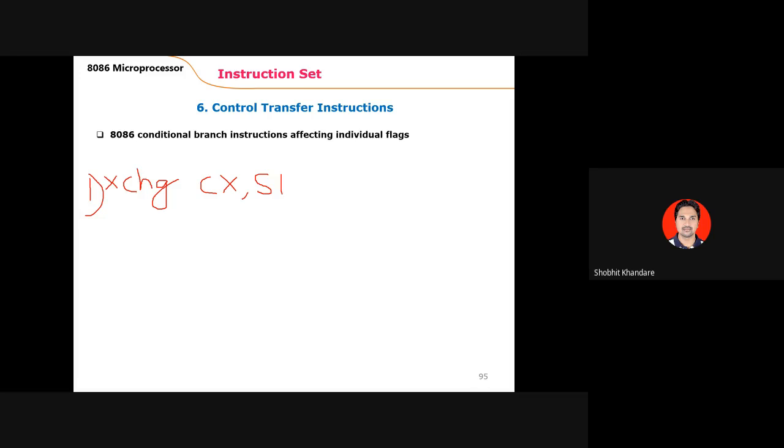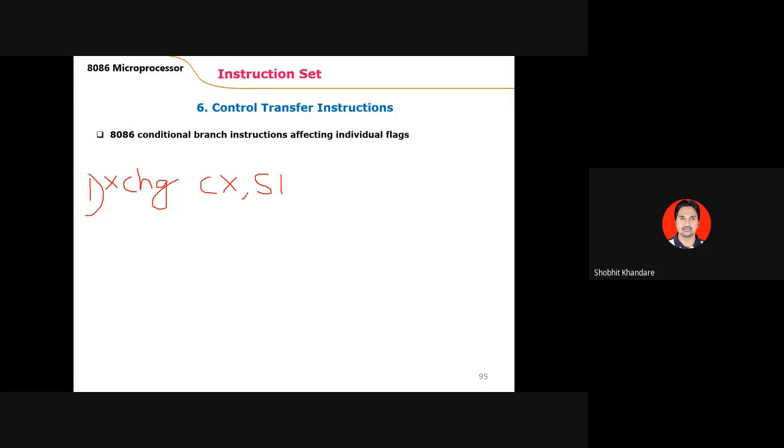In this, CX is not new to you, SI is also not new to you. CX is also called the counter register, because most of the time the CX register is used for counting.